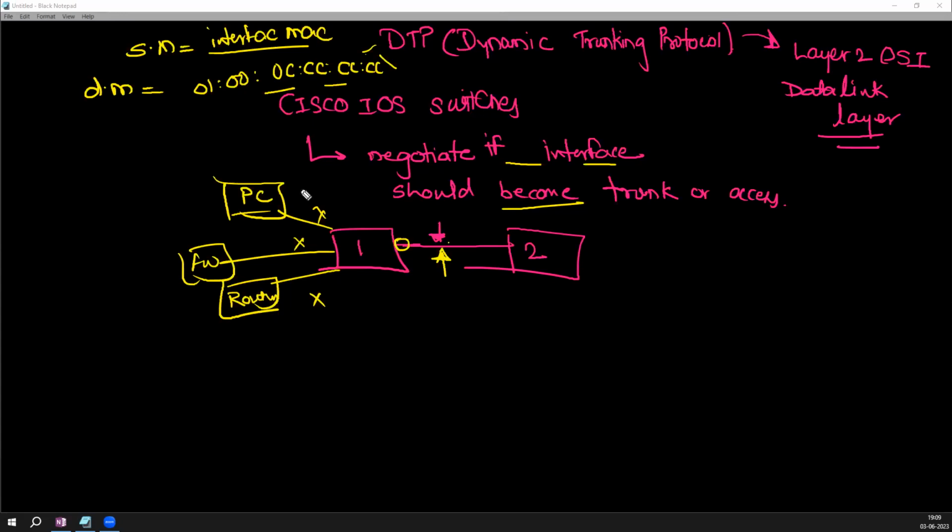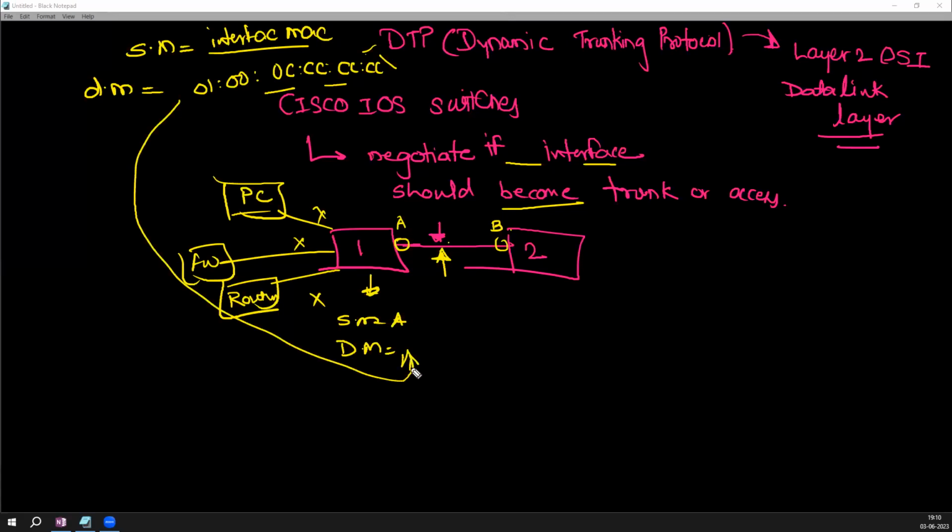Sir, it's going to be the same vice versa, like the source MAC address to the other switch? So when switch 1 initiates the DTP frame, it will pick up the interface MAC address, whatever is present over here. Let's say the MAC address is A for assumption and the MAC address here is B. So switch 1 will generate it with source MAC address A and the destination MAC address, which we have written over here.